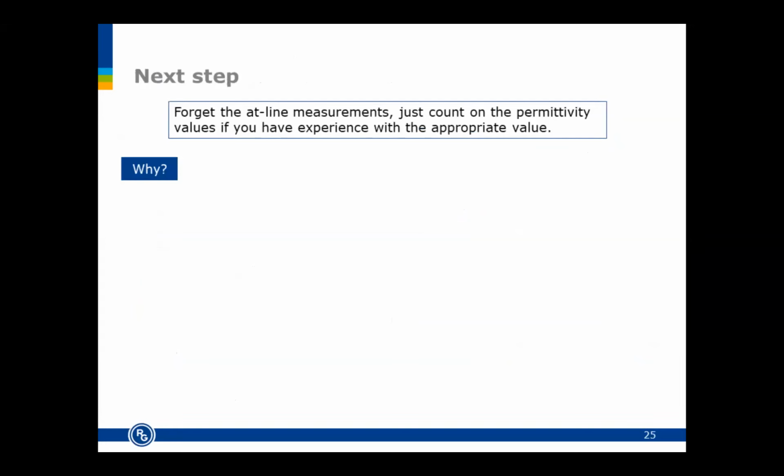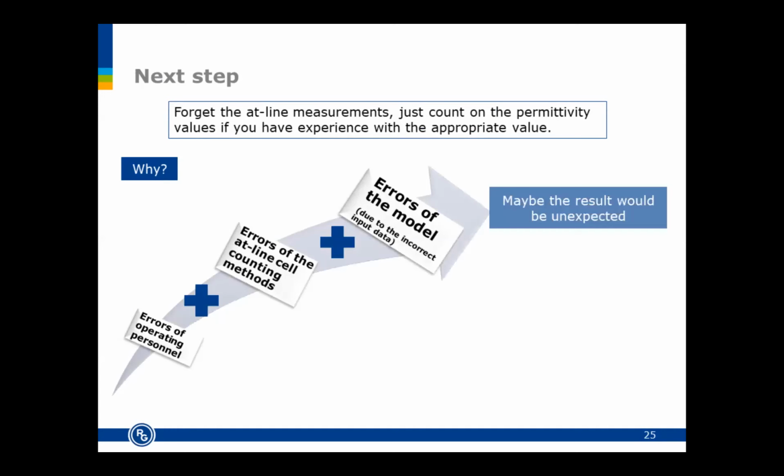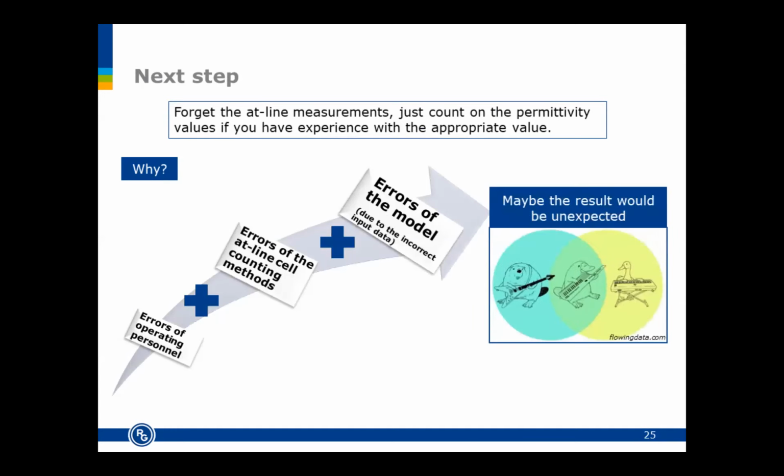So in my opinion, as a next step, we should forget the at-line measurements and we should just count on the permittivity values if we have enough experience with the appropriate permittivity values, of course. Why is it necessary? Because the errors of the operating personnel, errors of the at-line cell counting methods, and the errors of the model are adding together, and maybe the result would not be the expected.